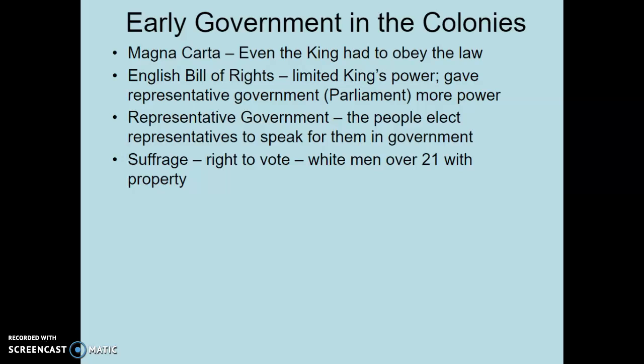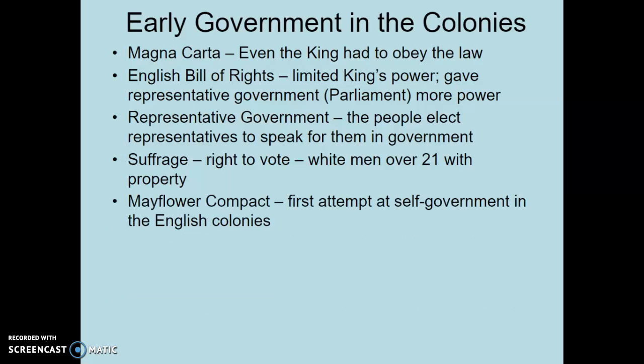And it becomes more and more truly democratic as we get closer and closer to current day. So originally it was only white guys that were wealthy that owned land could vote, but eventually it transitions to what we have today. The voting age changed, the property requirements changed, the race changed, the gender changed, and so we've got a lot more representative government today than what we used to have.